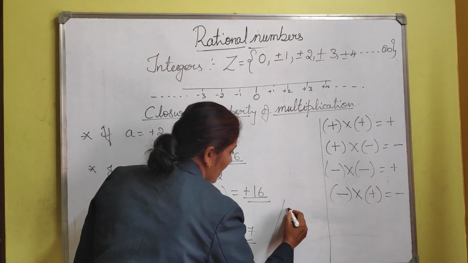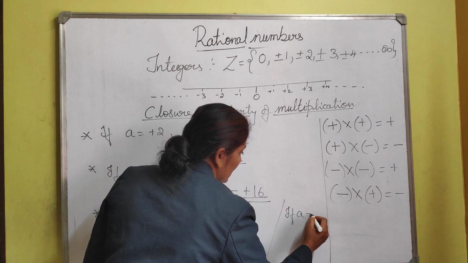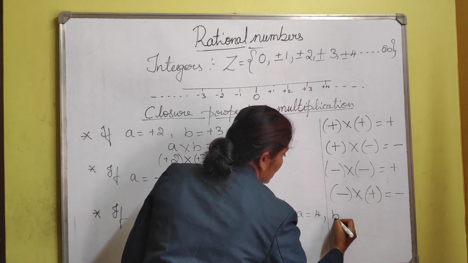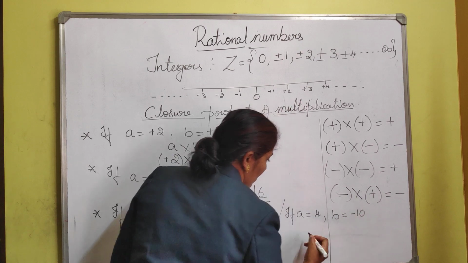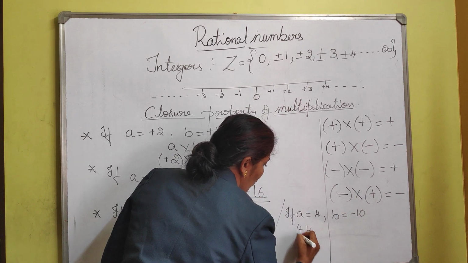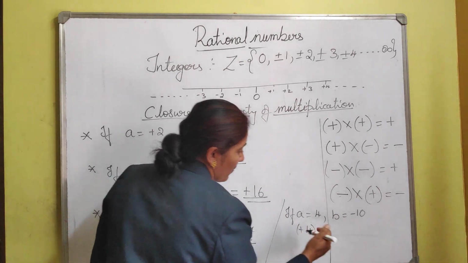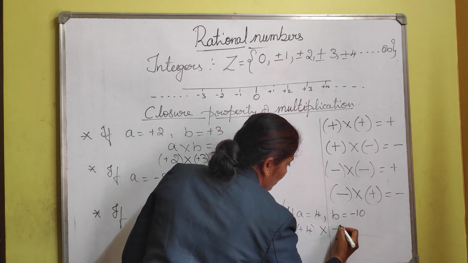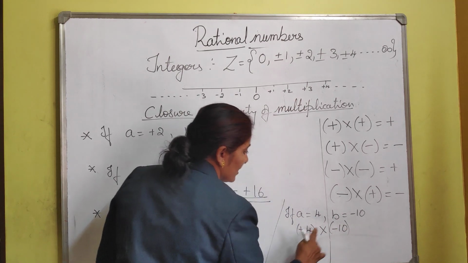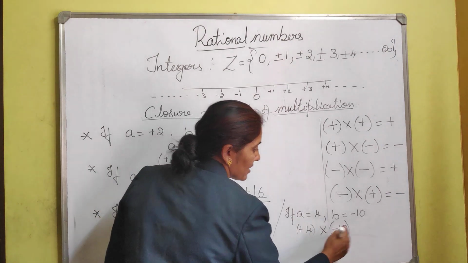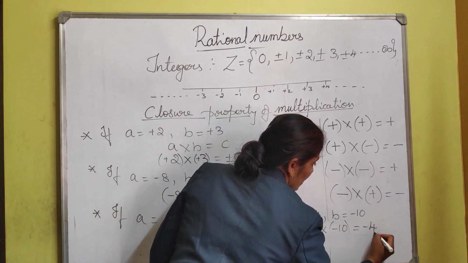Observe another example. If a is equal to 4 and b is equal to minus 10, I can write this as plus 4, because if there is no sign, it means it is positive. Plus 4 into minus 10 is the product of two unlike signs, which is equal to minus 40.